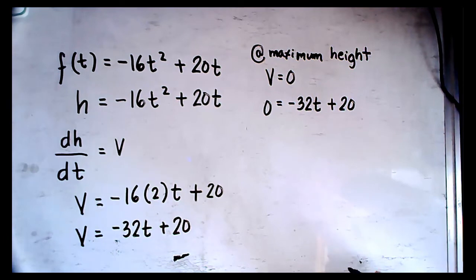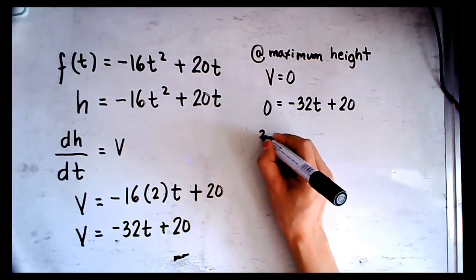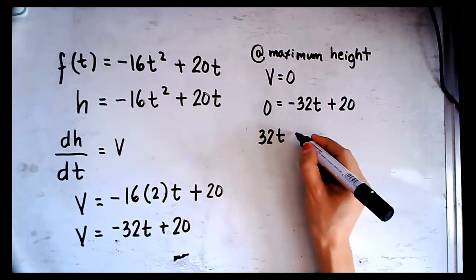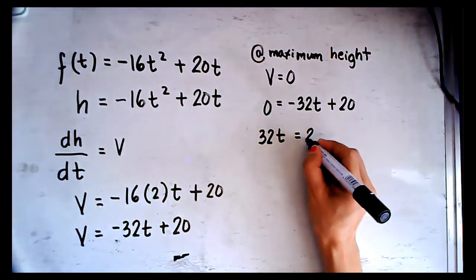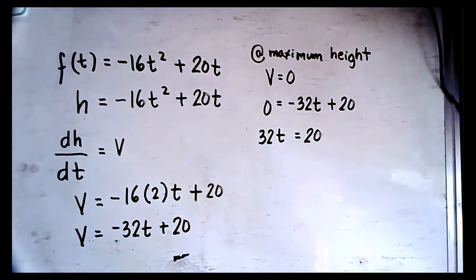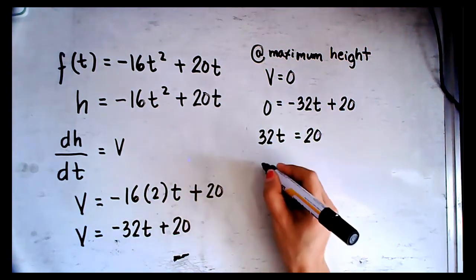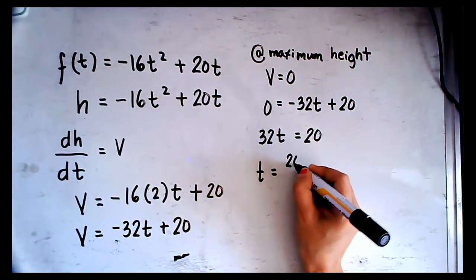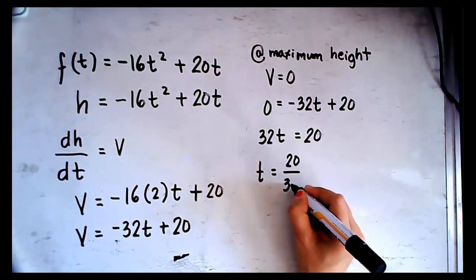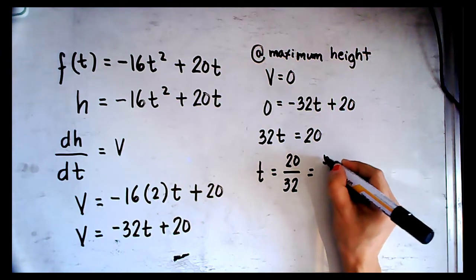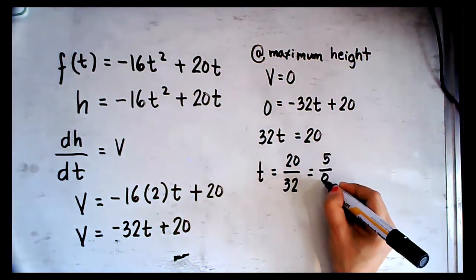Applying the basics of algebra, transposing to one side of the equation those with variables and the constant to the other side, we will have the value for the time, which is equal to 20 divided by 32, which is basically equal to 5 over 8.